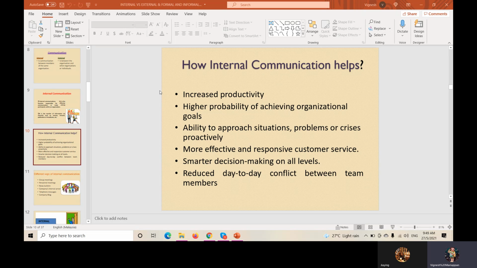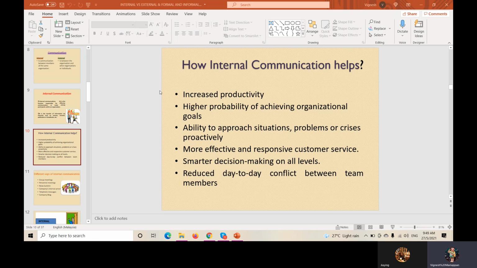Yes. Okay, and then let's say if you have any organization, surely you will have customers. So if you have internal communication, hope you all understand. You are all communicating between the members of the same organization, so it will be more effective. Meaning your customer service will respond to you.